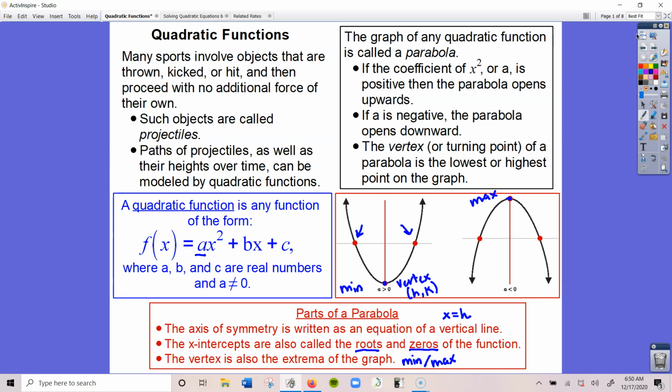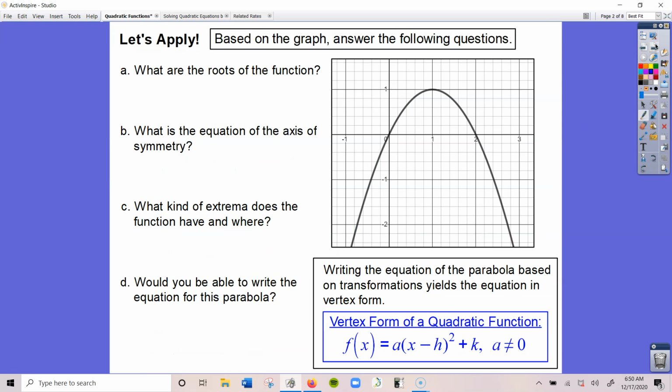Now let's break this down a little bit and have a closer look at all of these parts of a parabola. Here we have this function. If I wanted to know what the roots of the function were, we would look at the x-axis and determine the x-intercepts, which are at x equals 0 and x equals 2.